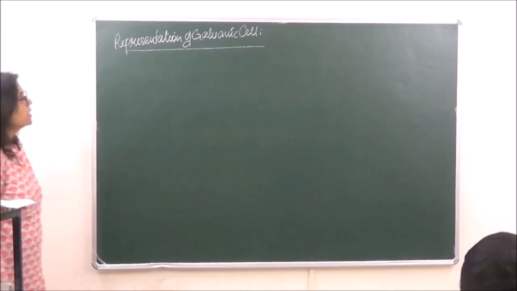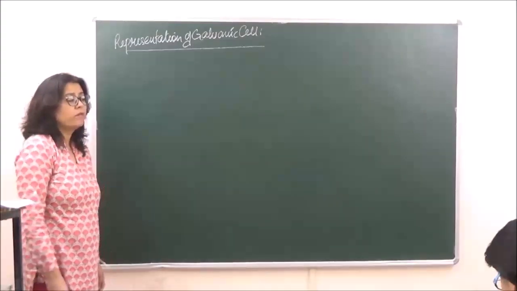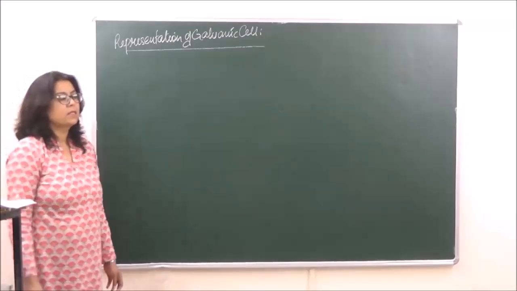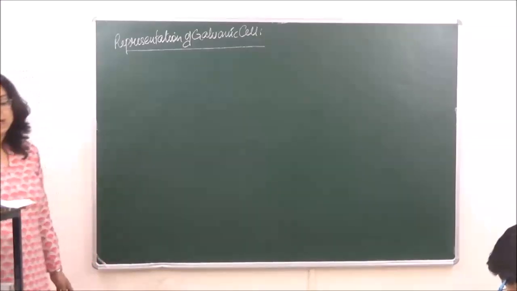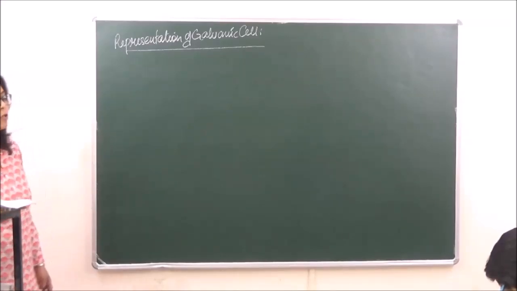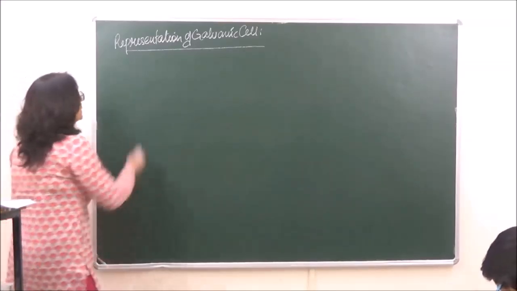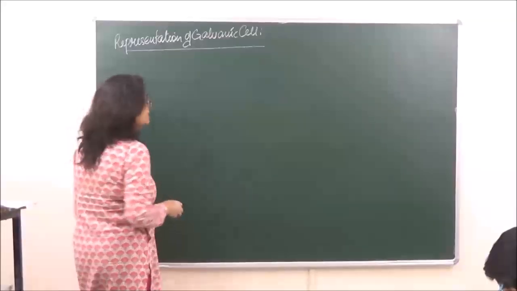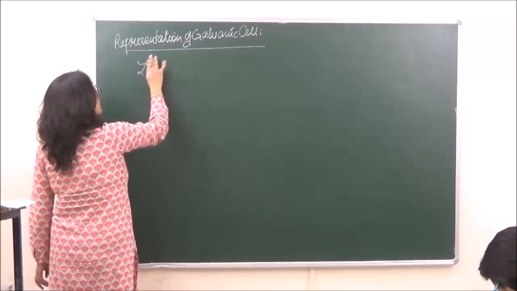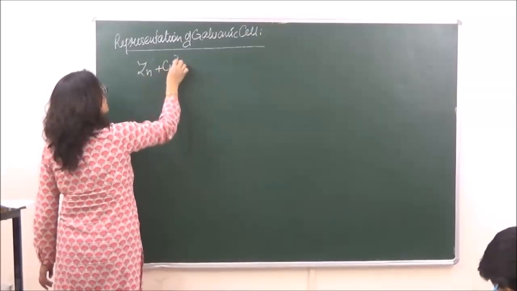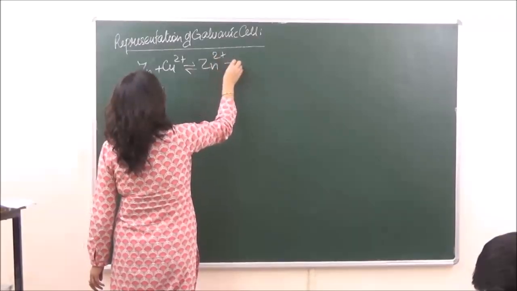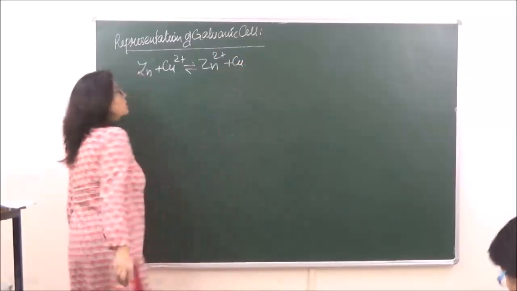When representing a galvanic cell, the anode is always placed at the left and the cathode is always placed at the right. Okay? So if we are taking the Daniell cell, the overall reaction which we did was Zn plus Cu2+ to give us Zn2+ plus Cu.